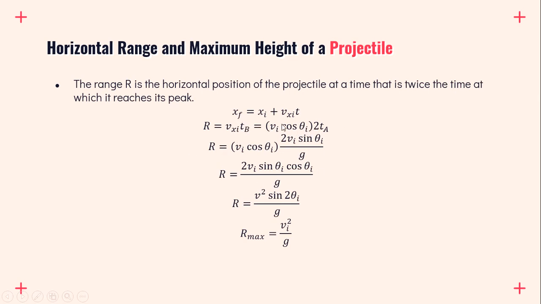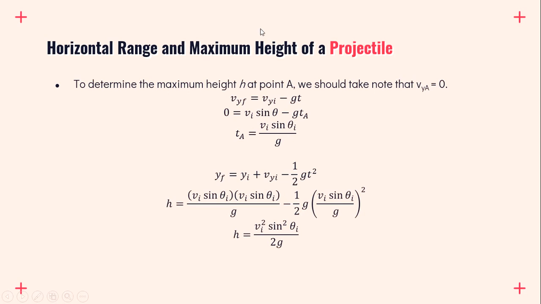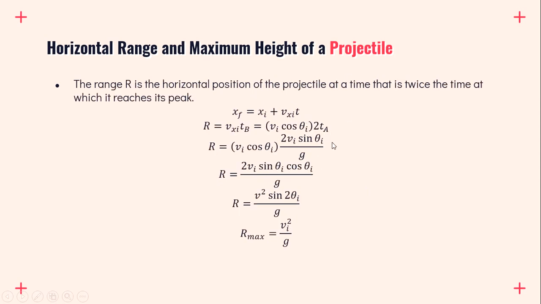So simplifying terms, since from the equation here TA is equal to this, we substitute this here and multiply it by 2, we get this expression. We have 2 vi sine theta cosine theta over g.